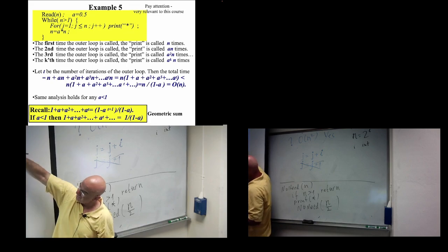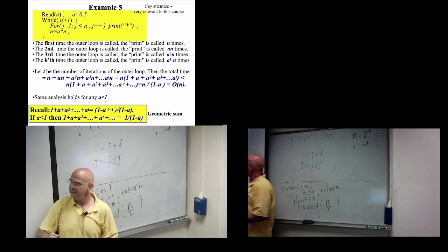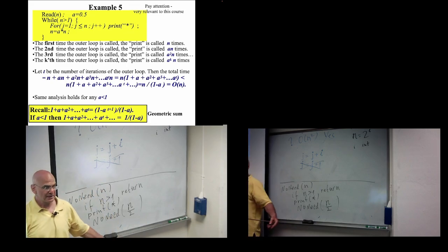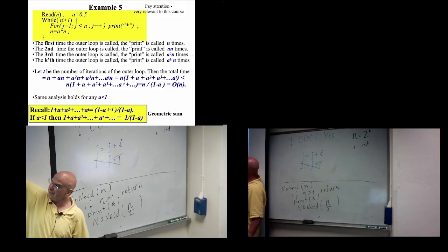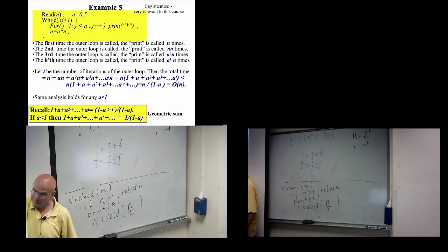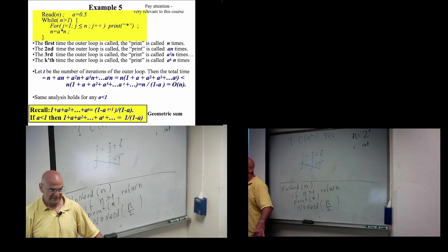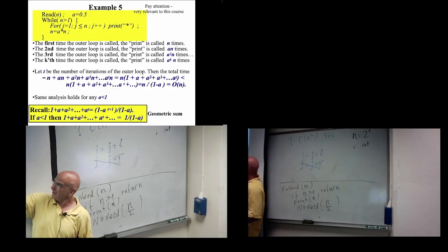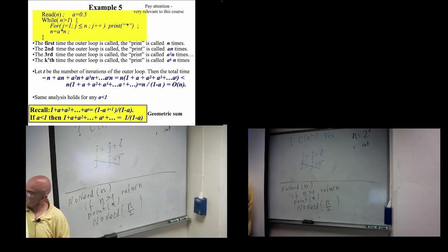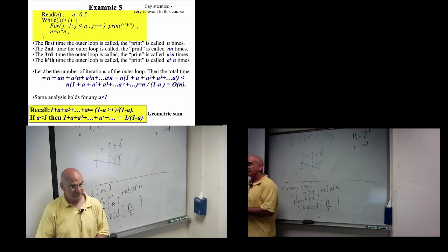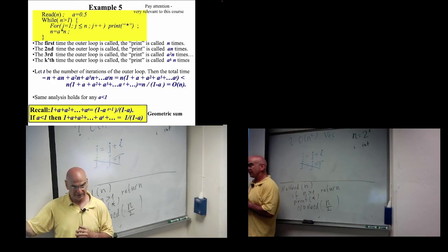And then I multiply by a again. Think about it as: I bought my house when I paid n dollars, and now my house lost 50% of its value. How many dollars do I get? a times n. Now my house lost another 50% of what it already lost 50%.